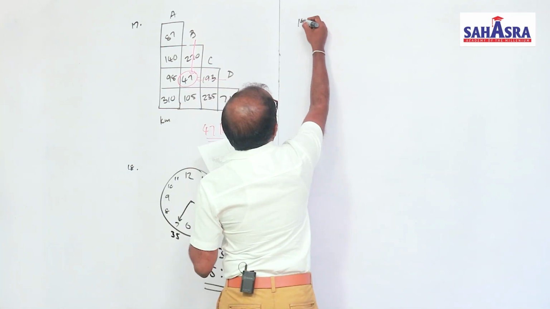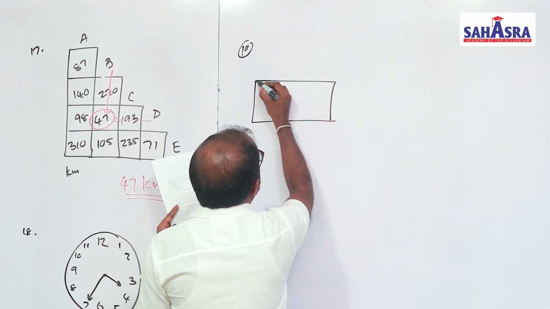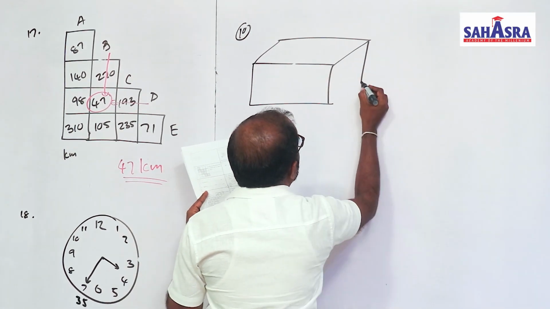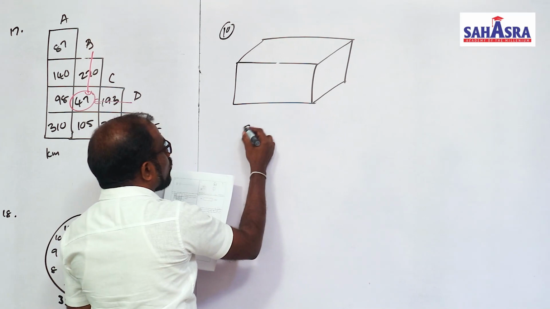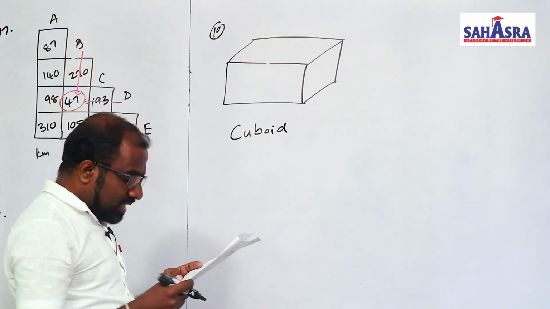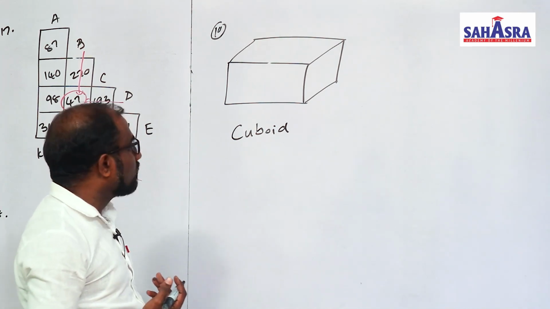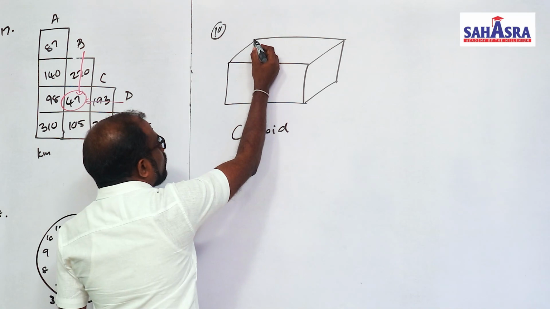19th question. You are asked to name this solid. What is the name of the solid? This is the cuboid. Right? How many edges has it got? 12.